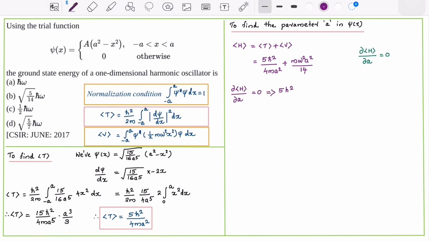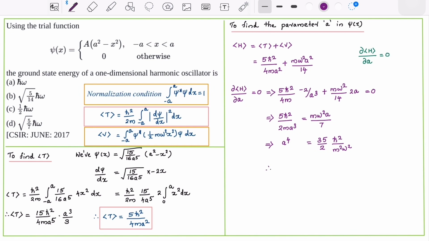∂H by ∂a equal to 0 implies 5ħ² by 4m times minus 2 by a³ plus mω² by 14 into 2a is equal to 0. This implies that 5ħ² by 2m a³ equals mω²a by 7, or a⁴ is equal to 35 by 2 ħ² by m²ω².